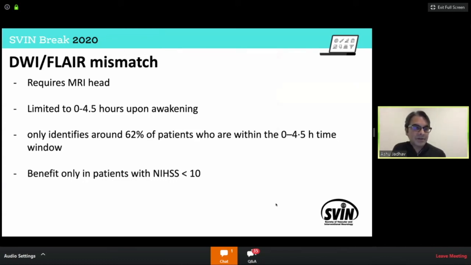Important considerations are that you need to get an MRI, so this may not be feasible at all spoke hospitals. It's limited to patients 0 to 4.5 hours upon awakening. It only identifies 62% of patients who are within the 0 to 4.5 hour time window. So it doesn't necessarily identify all those patients that may have target mismatch, and the benefit is really only in patients with a low NIHSS.